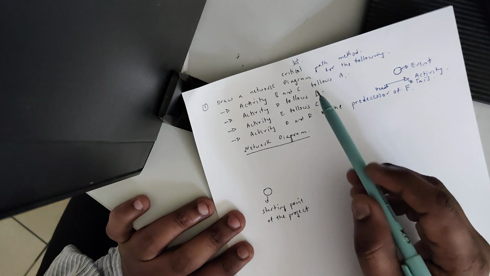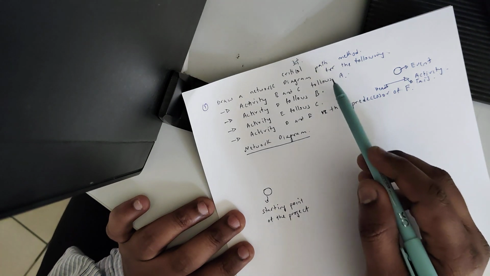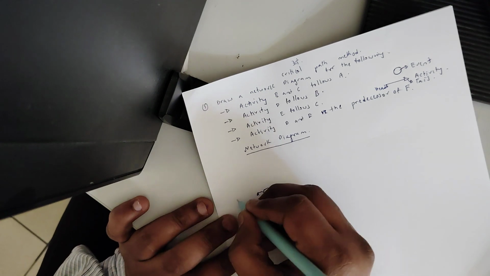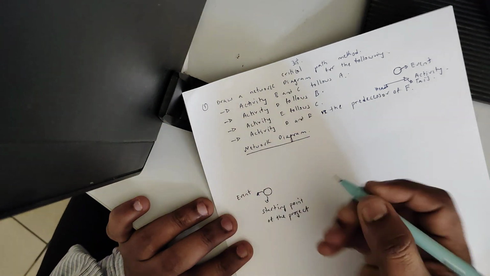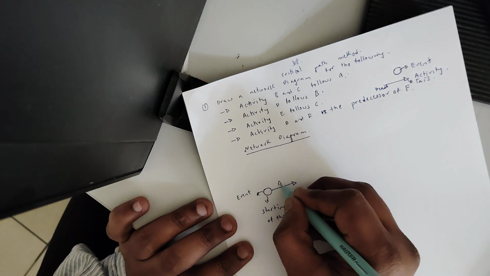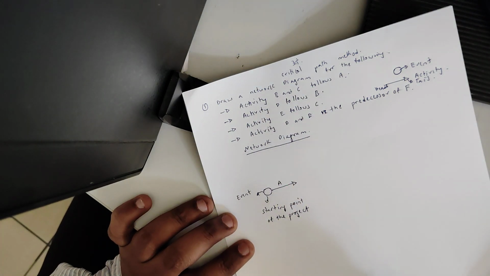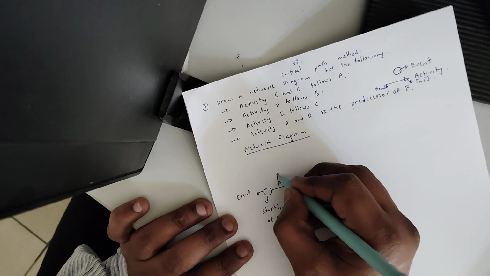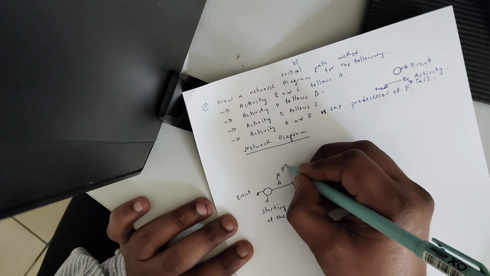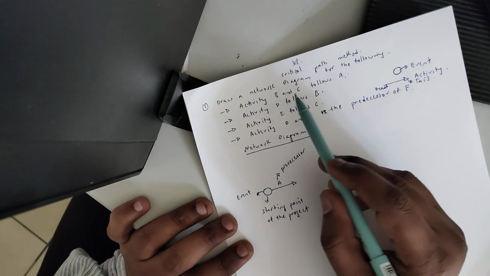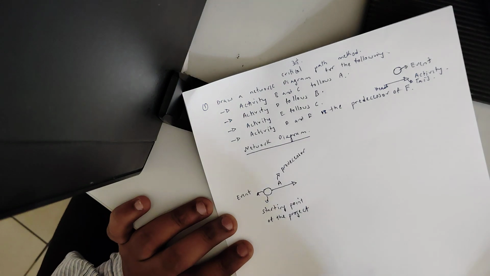Now, as we know, we should start with the A activity. As I told you, this circle is called an event, and we start with activity A. Always remember, A will be the predecessor of activity B and C. What is the meaning of that?